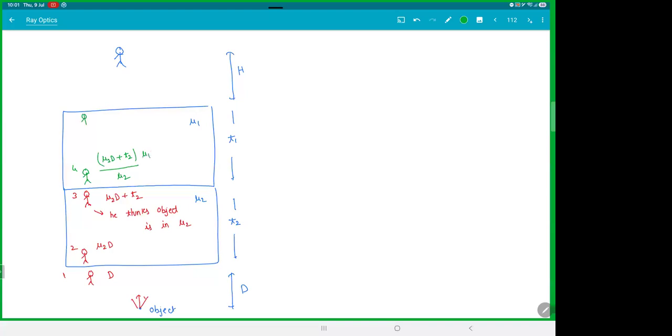Then if you ask observer 5, whatever 4 sees plus this thing, so if you divide, this will be D by mu2 plus t2 by mu2, into mu1, plus t1. That D will cancel off, so that would be D only.